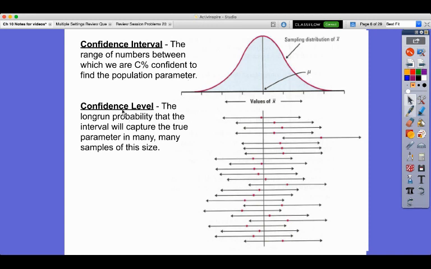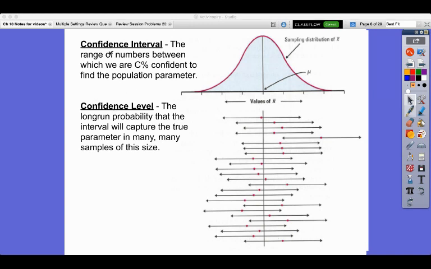The confidence level is the long run probability. If this is 95%, then in the long run, 95% of our intervals will capture the parameter. So capture, capture, capture, capture, miss, and all the rest capture. And so 95% of the time it will capture if we are at a 95% confidence level.